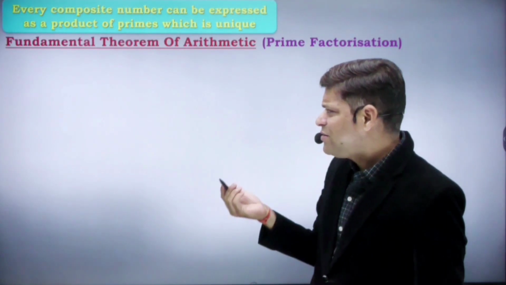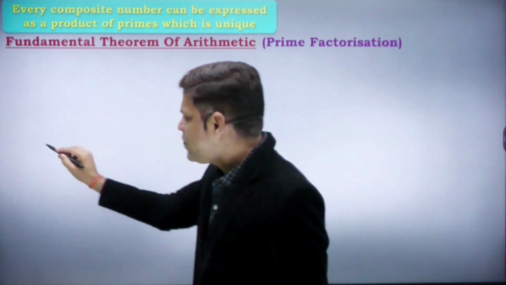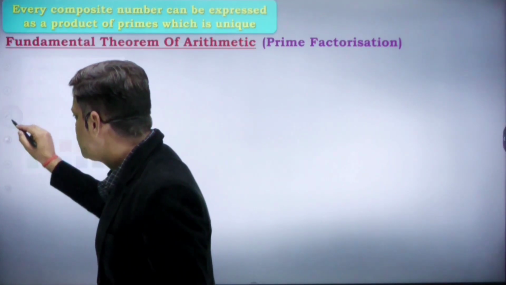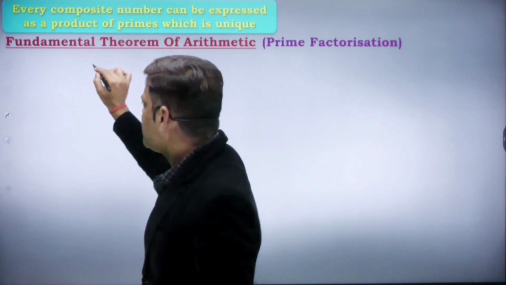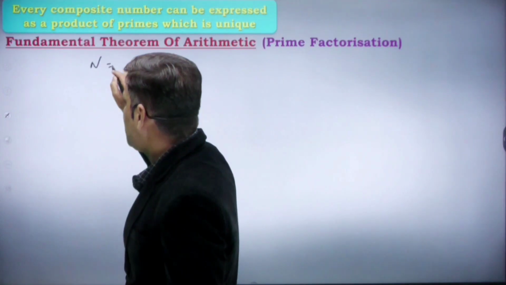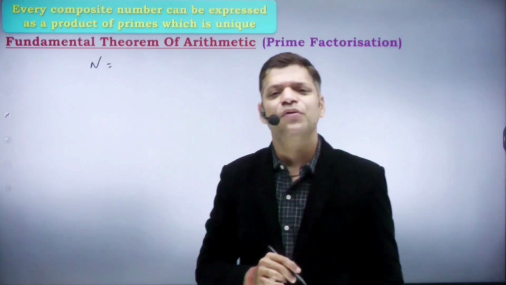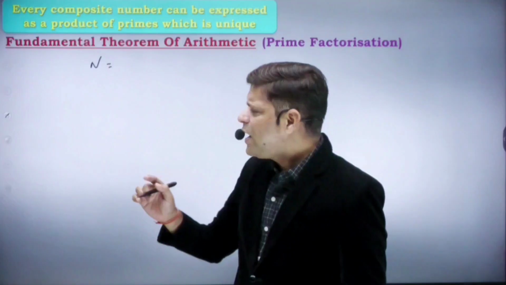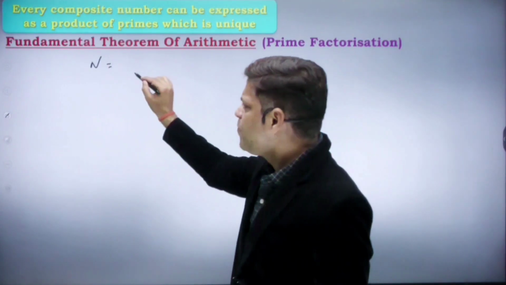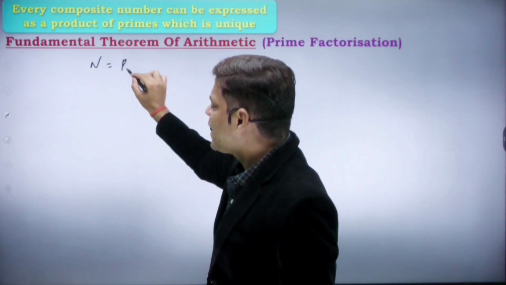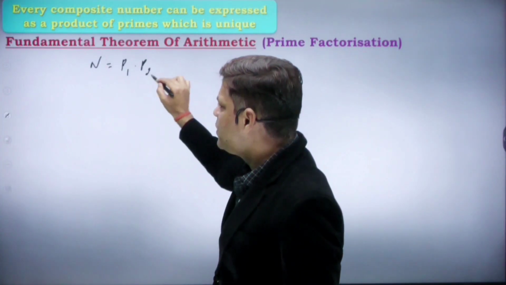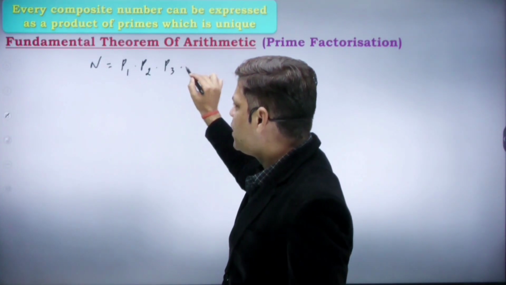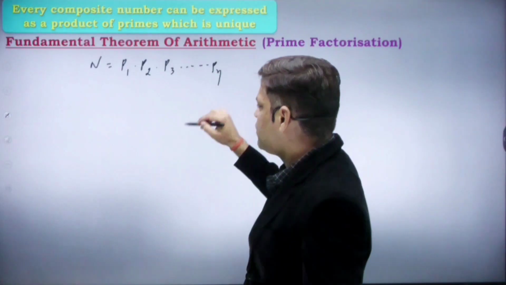So now, what is the prime factorization? If we take any composite number capital N, then according to that theorem, this composite number can be broken as P1, P2, P3 up to Pn.